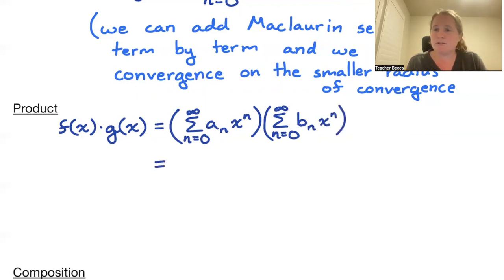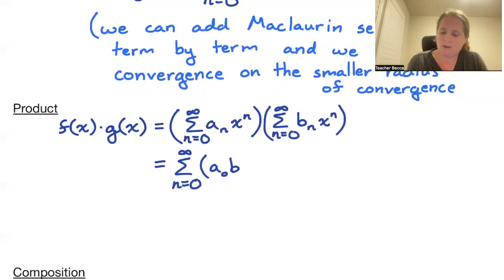We can essentially treat this like multiplying polynomials. This winds up being the sum from n equals 0 to infinity. We would have a sub 0 times b sub n. That would be x to the 0 times x to the n, which would give us an x to the n term.